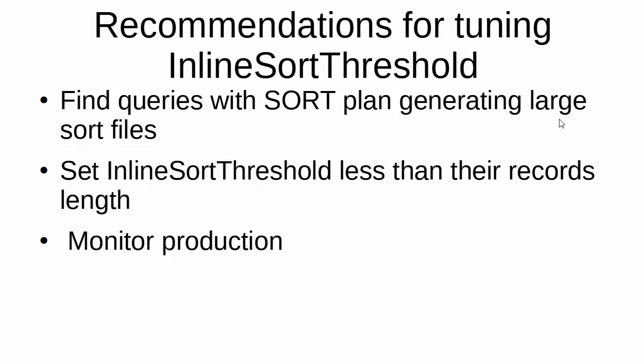In general, if you are building some reporting application, or you have put the data to a replica server which will be treated mostly as a source for reports, it is good to set inline sort threshold to some smaller value.